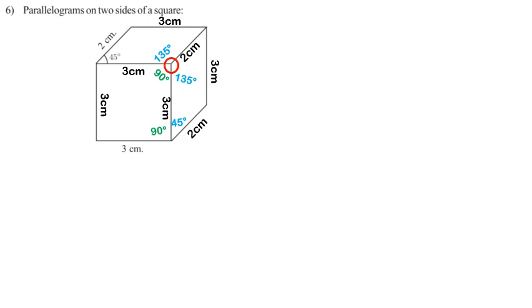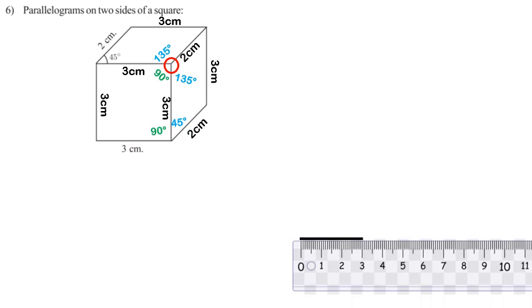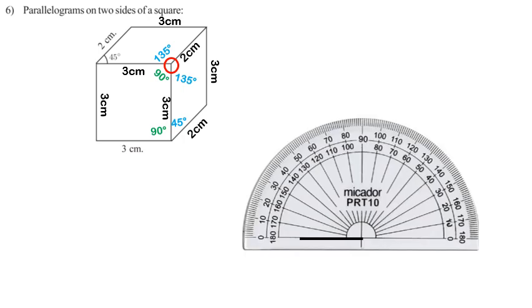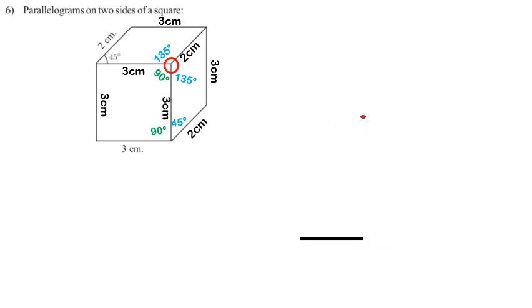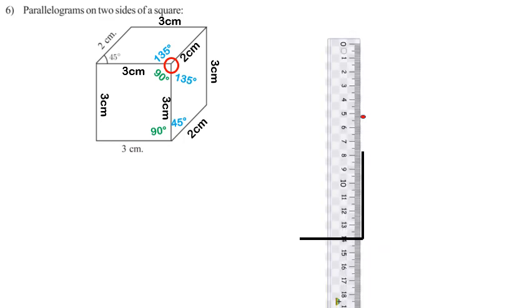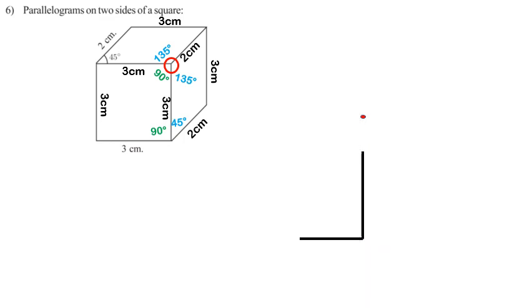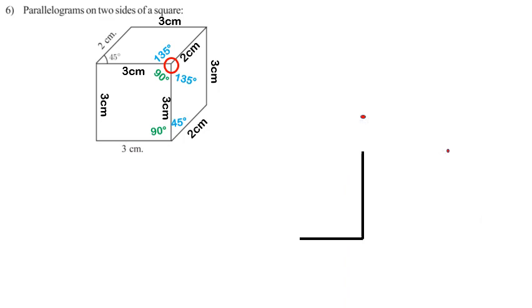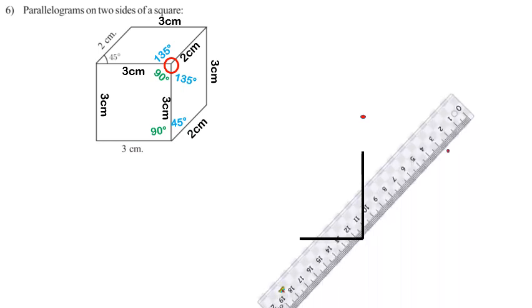Then let's start drawing. First draw a horizontal line of 3 cm. Then use our protractor at this point and mark a 90 degree angle from the left end. And draw a perpendicular line to this point using a ruler. Again place the protractor at this point like this and mark a 45 degree angle and draw a line to this point.